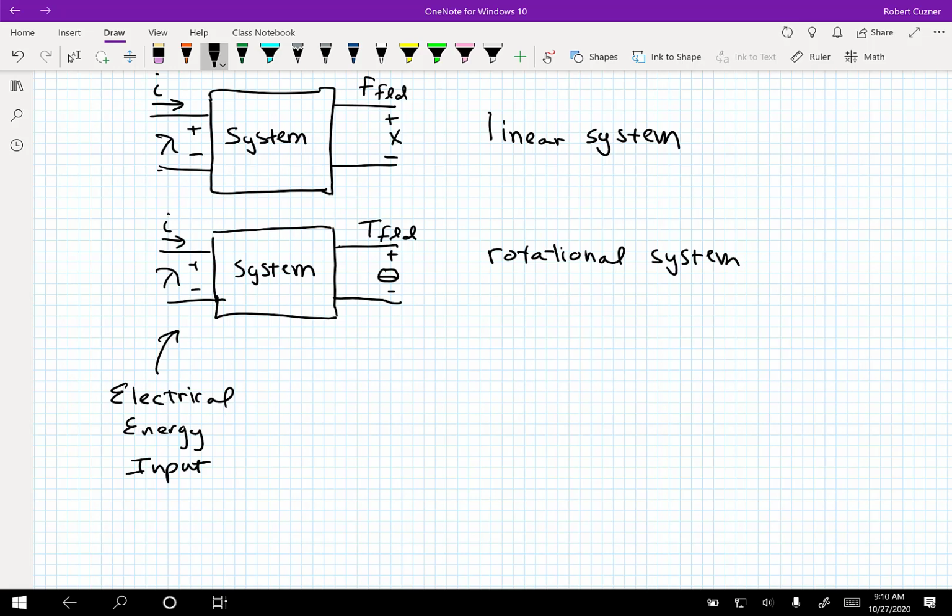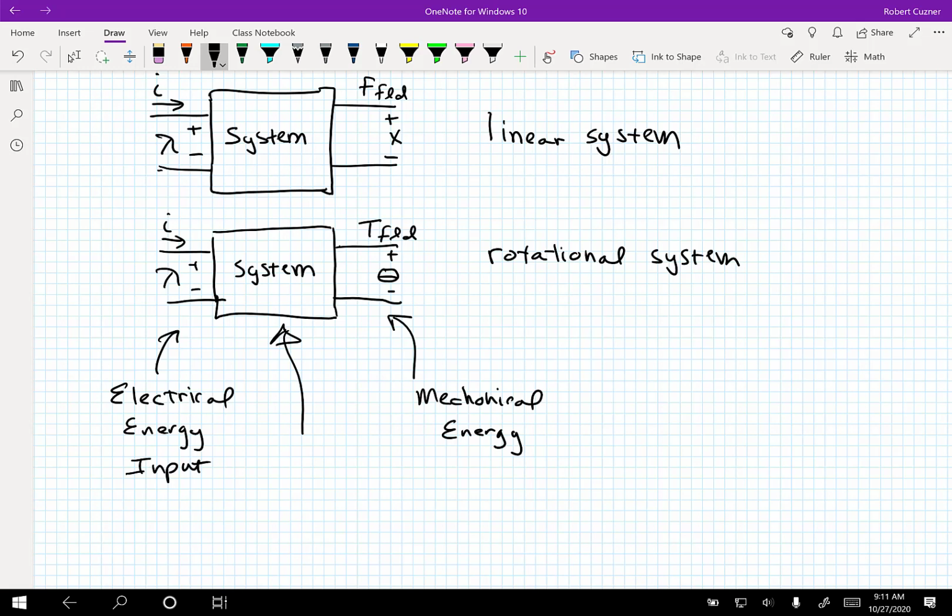And we have an output of mechanical energy, and internal to this we have two things going on inside of this little box here.